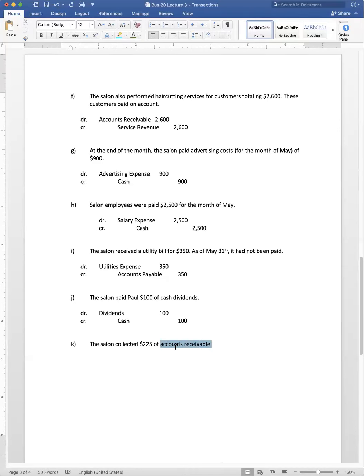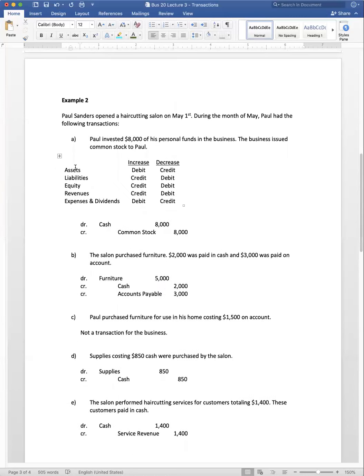So what does that mean for accounts receivable? What's happening to it? Well, if we're collecting this money that we set up here, then the accounts receivable should go down. Let's look at it on the debit credit table. Accounts receivable is an asset, and it represents customers who owe us money. So do we have more customers who owe us money or fewer customers who owe us money?